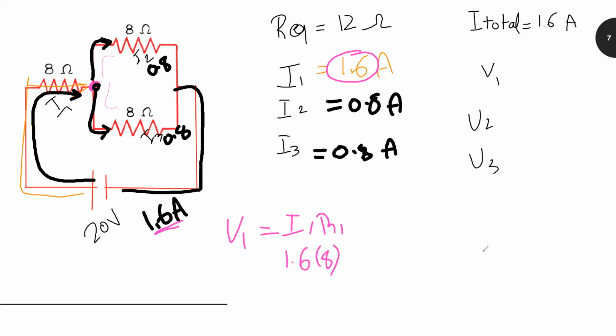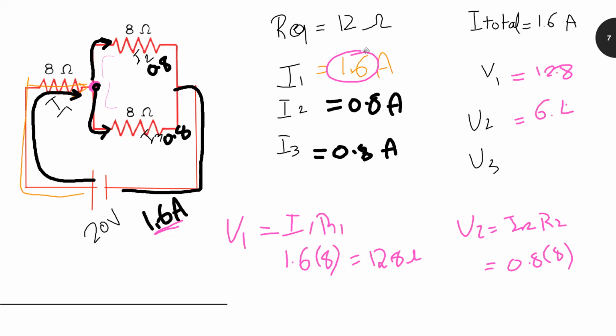So 1.6 times 8 is approximately 12.8 volts. If you want to find V2, it is I2 times R2, I mean 0.8 times 8, which is 6.4. And V3 will be the same, 6.4.